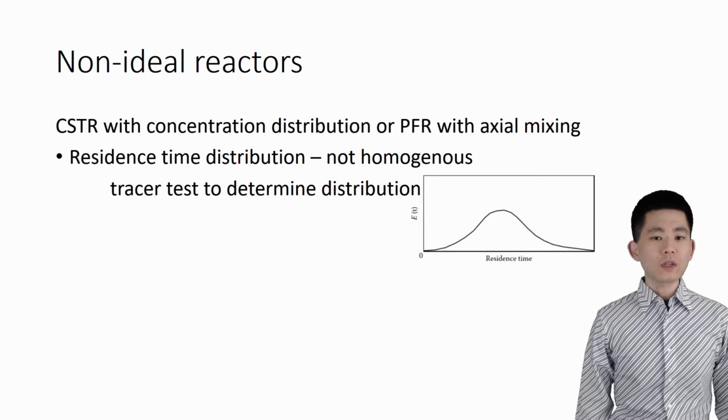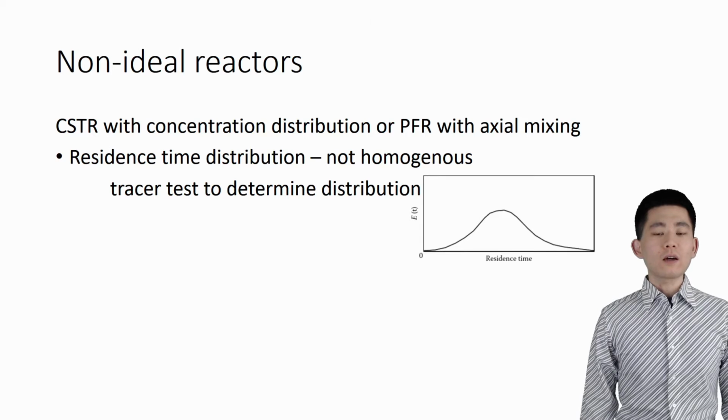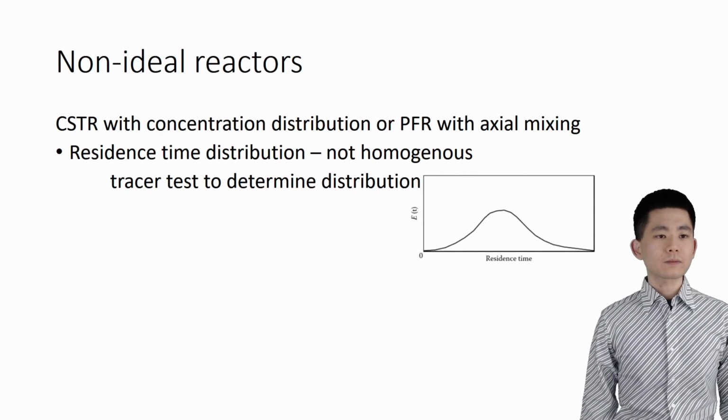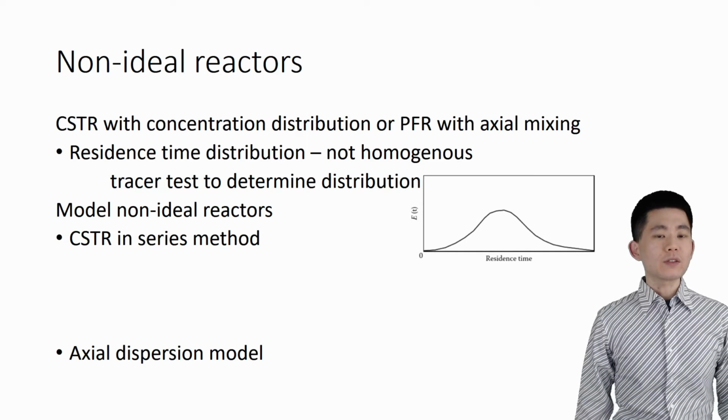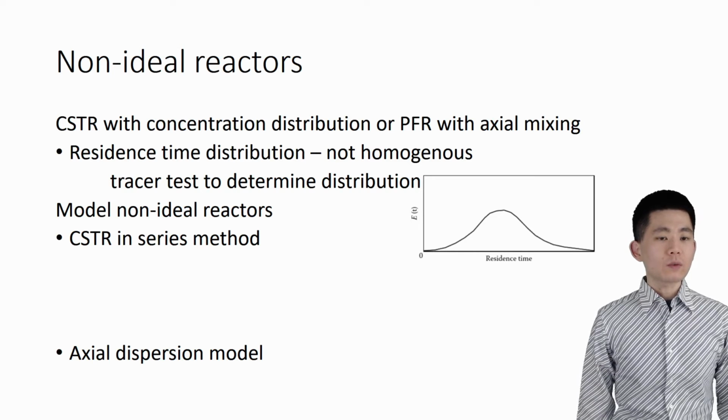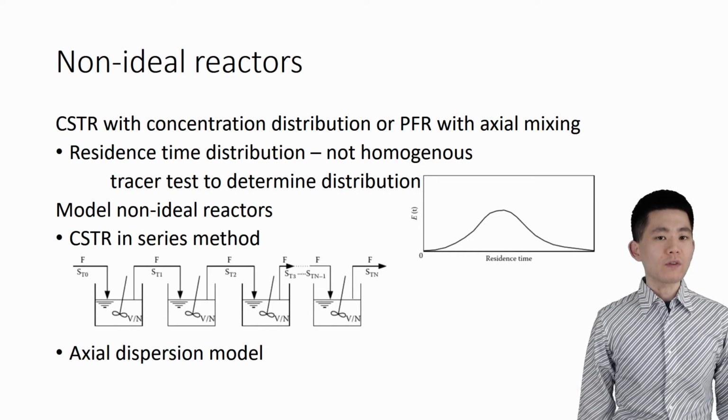We can use inert tracer test to determine the residence time distribution by spiking a certain amount of tracer and observing the tracer concentration in the effluent. Because the non-ideal reactor is a crossover between CSTR and PFR, we can model the non-ideal reactors with either the CSTR in series method or the PFR axial dispersion model.